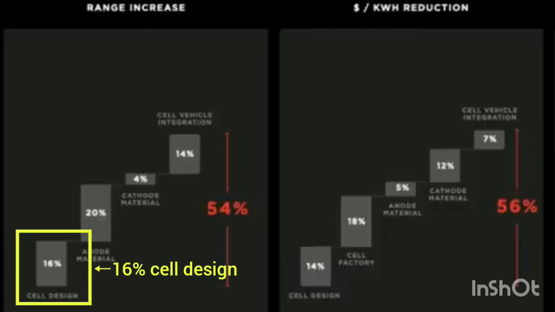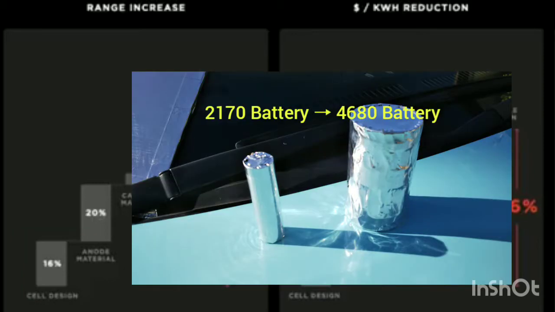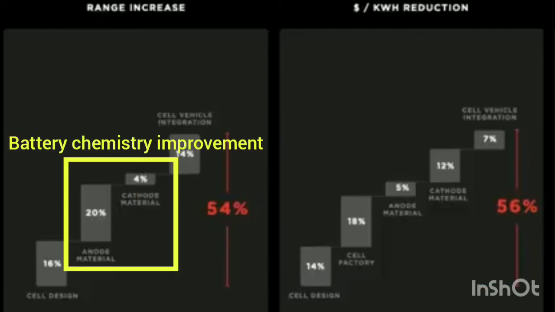16% of range increase is due to the cell design, which means the shape change from the 2170 battery to the 4680 battery. And this range increase doesn't include the battery chemistry improvement.